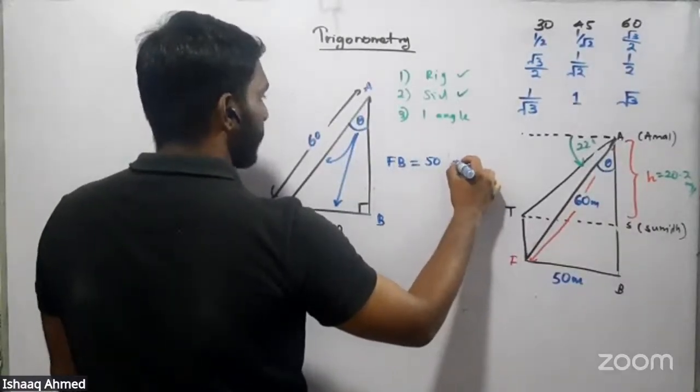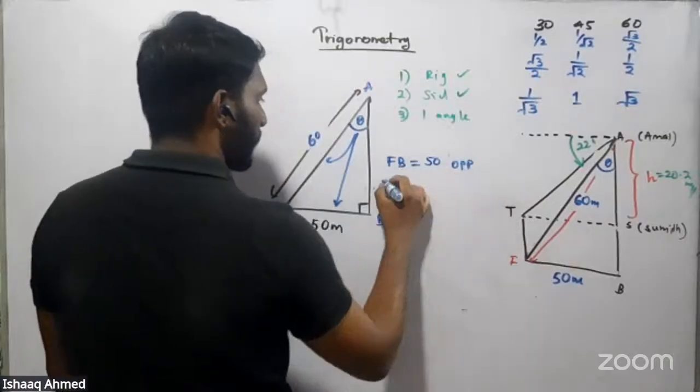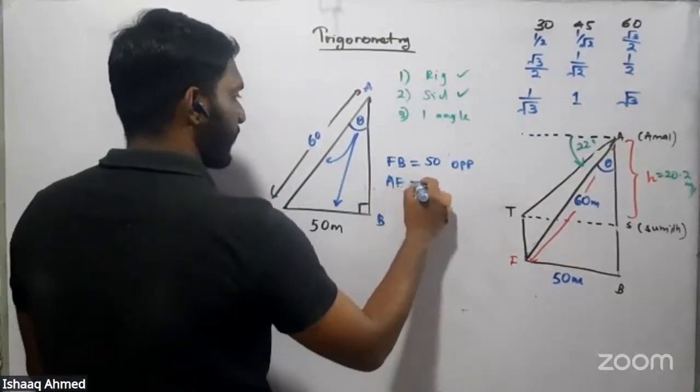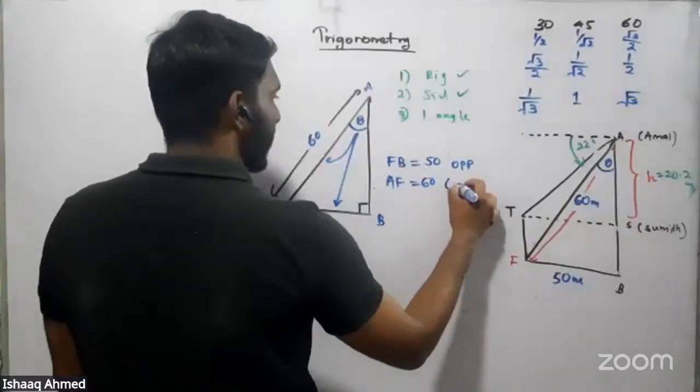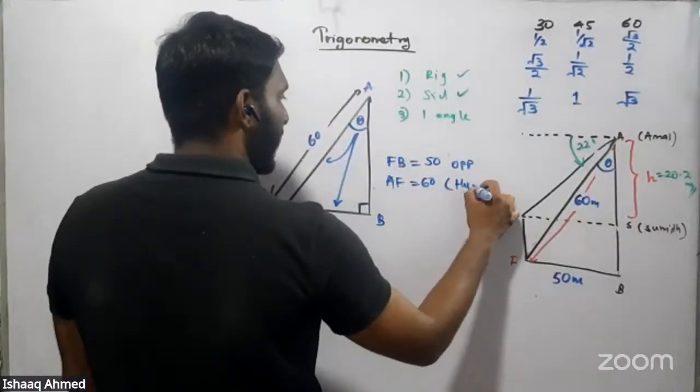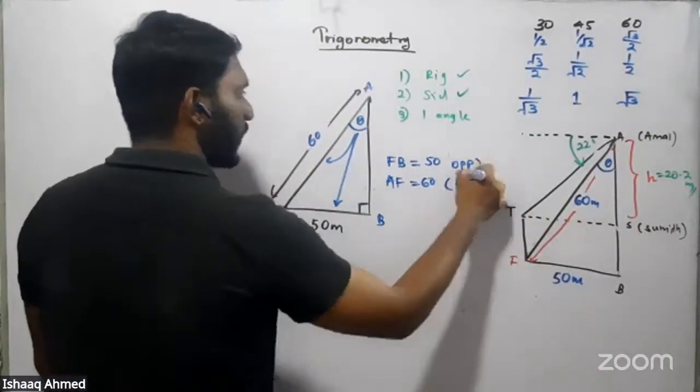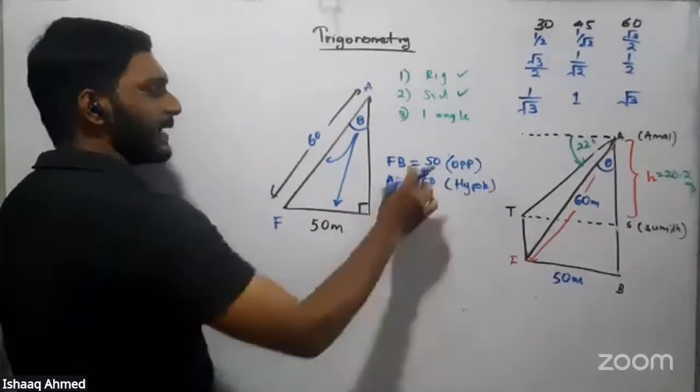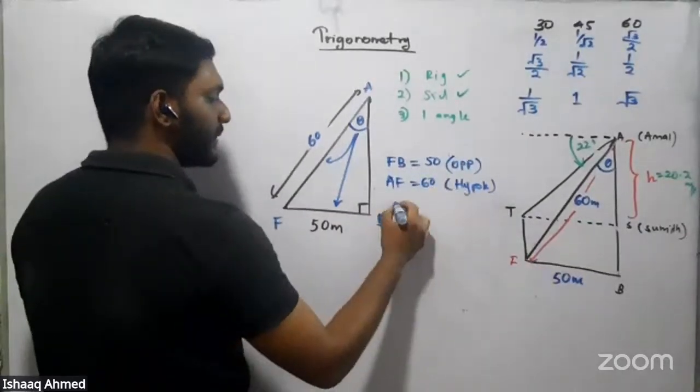That is opposite. AF is 60. That is hypotenuse. So what is the ratio that deals with opposite and hypotenuse? Sine.